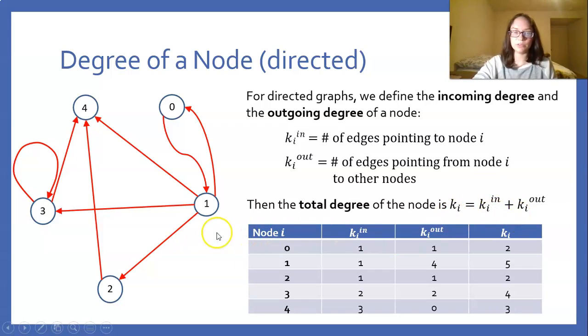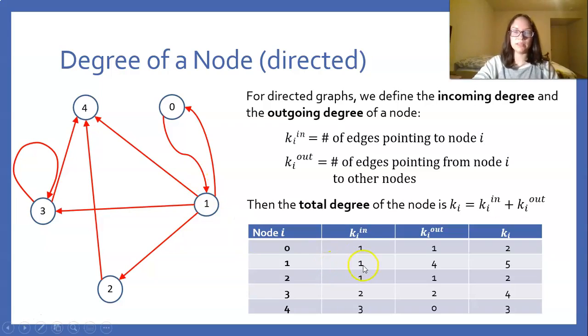Right here we have a little chart that represents the degrees of this graph on the left. Let's select one example. Let's look at node 1. First, we look at the number of edges that point to node 1. There's only one edge that points to node 1, edge 0, 1.